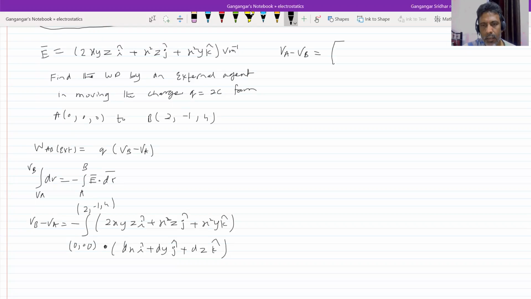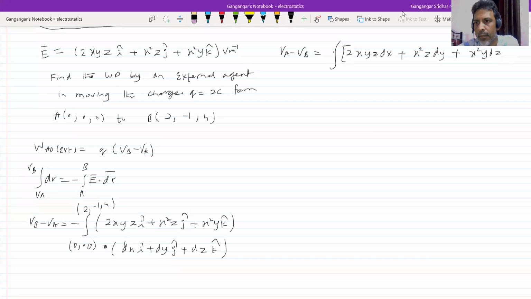This will be the integral of 2xyz dx plus x square z dy plus x square y dz. The limits are (0, 0, 0) to (2, -1, 4).